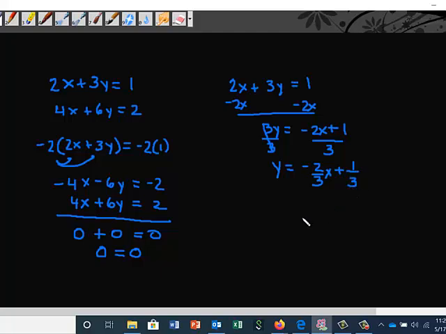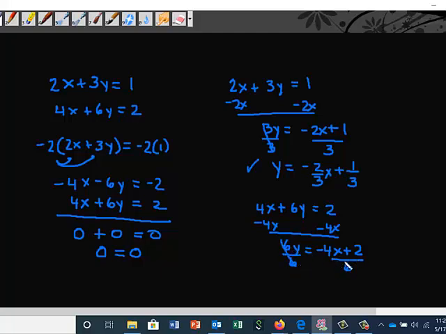You see this? So if we do the same thing to the other equation, 4x plus 6y is equal to 2, and we take negative 4x to both sides, then 6y is equal to negative 4x plus 2, and we divide both sides by 6.